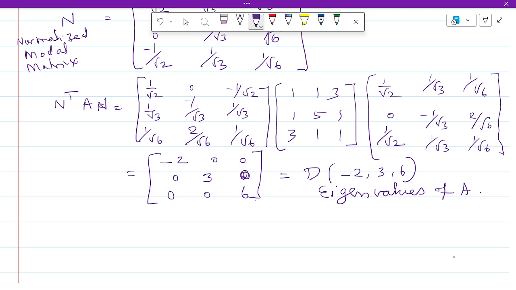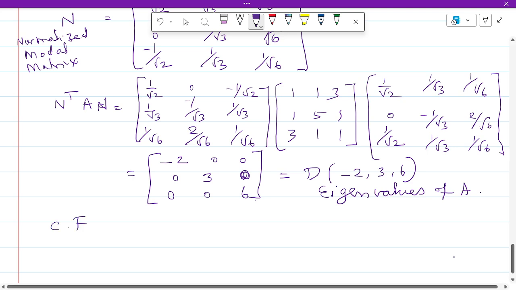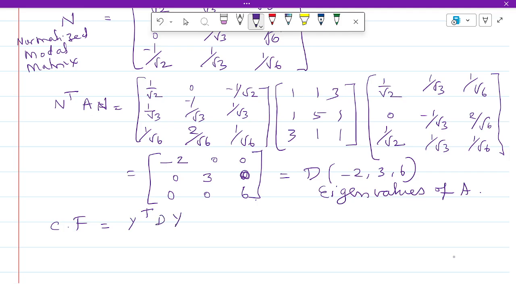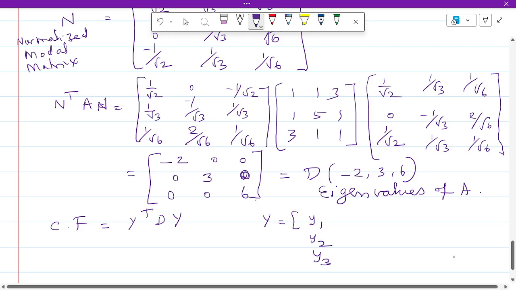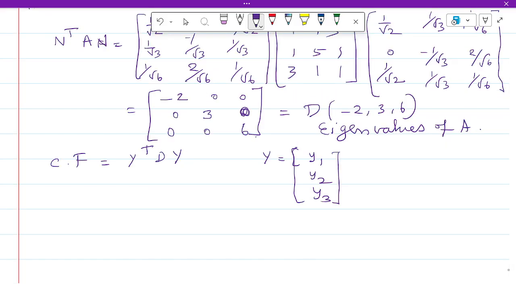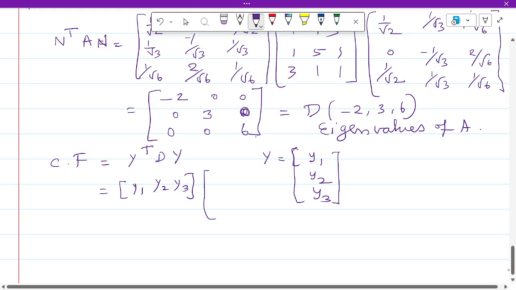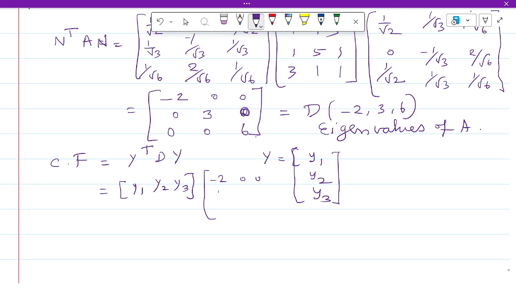Okay, fine. For this, you have to find the canonical form. Canonical form is Y transpose DY, where Y is the non-zero column matrix y1, y2, y3, and D is the diagonal matrix minus 2, 0, 0, 0, 3, 0, 0, 0, 6.